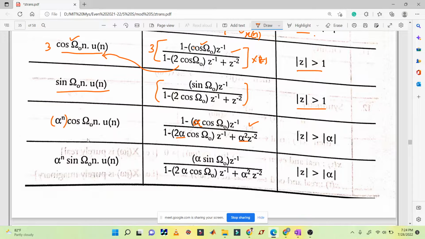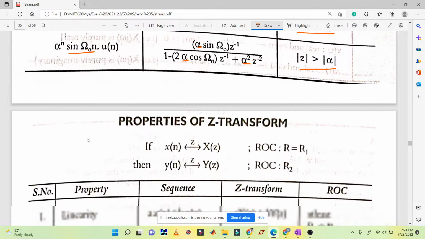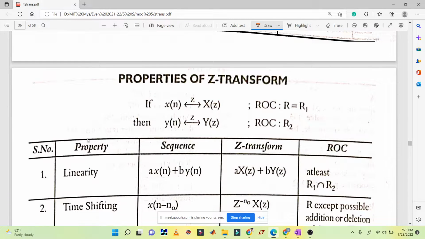Similarly for sin omega naught n u of n, we are going to get the same alpha. Here and here. So this is the only transformation, and ROC is z greater than alpha. Here u of n minus 1 does not exist for these sequences. We don't have that.